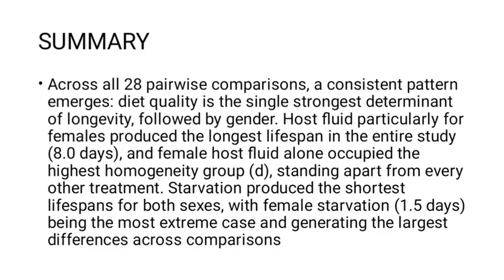So in the two factors, the diet has more influence, because when you compare host fluid of male and female, they are both high. Meaning, for example, if host fluid in female has been very low and male has been high, we say the gender has more power, has more capacity to influence the longevity than the diet. But they are both high, meaning diet has higher capacity.